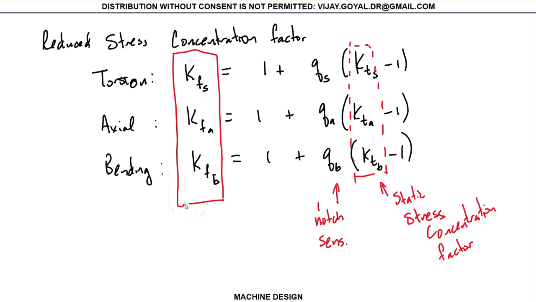Now, for ductile and brittle, we have different ways to apply it for alternate stresses and for mean stresses. The easiest thing to understand is what happens in alternate stresses.